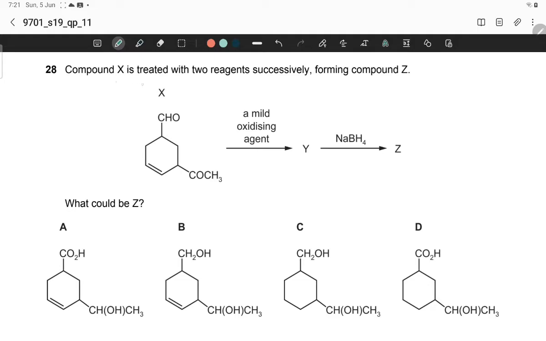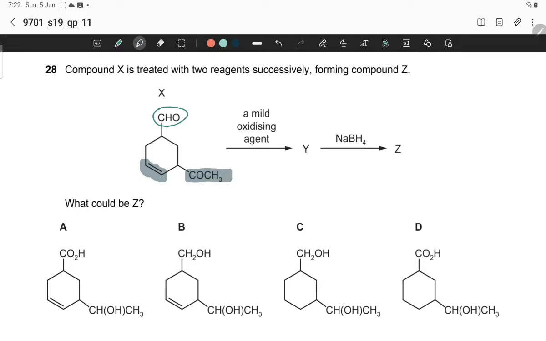Question is: compound X is treated with two reagents successively, forming compound Z. This is an aldehyde compound. X is aldehyde. Over here double bond, and this is ketone.